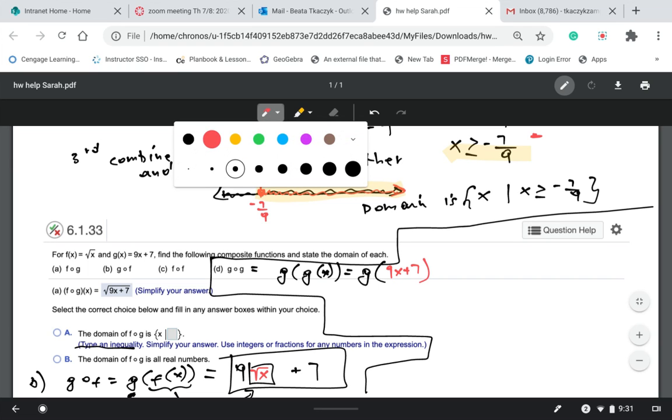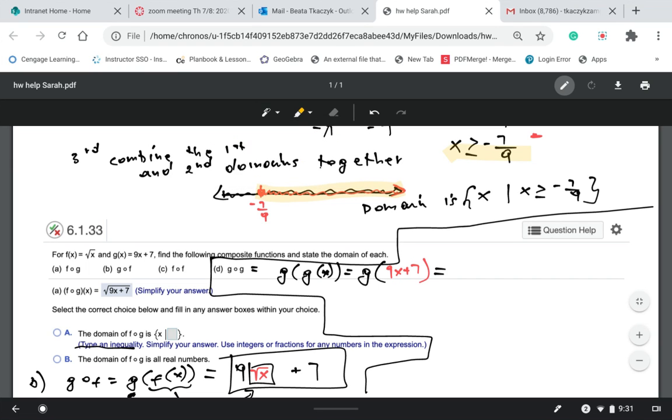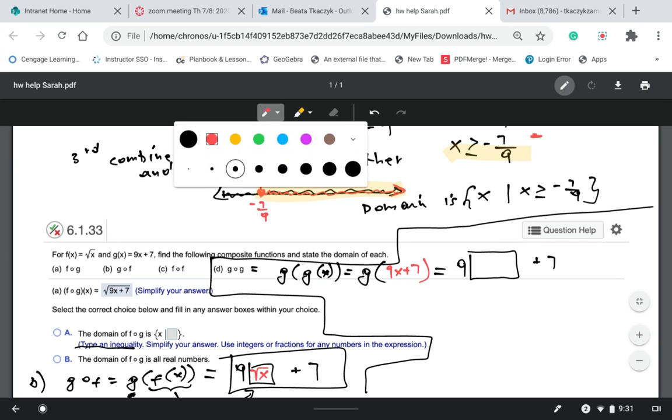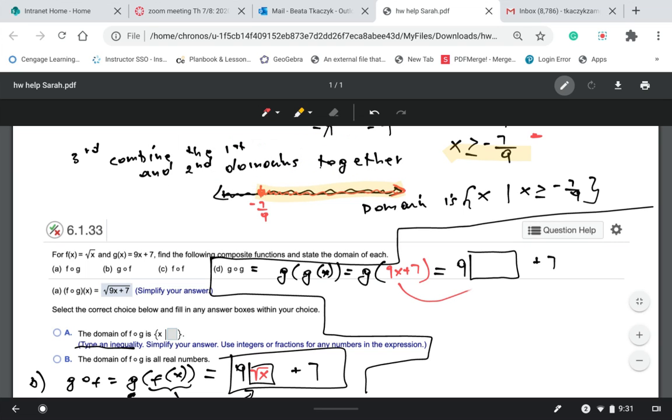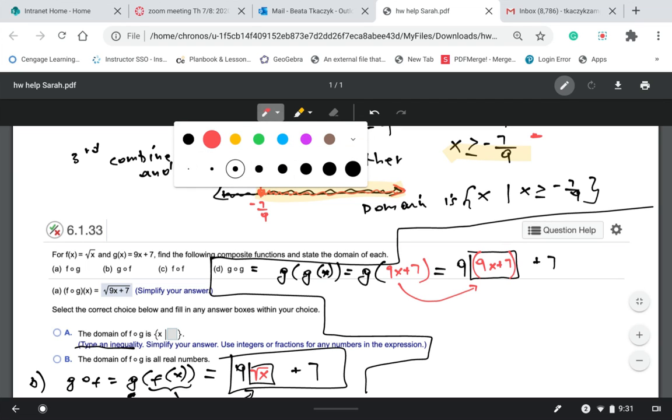Okay, so what I'm going to do, I'm going to start with the equation of function G, which is 9 times, originally it was x, plus 7, and where we used to have x, we plug in the equation of the inside function, which is 9x plus 7. Don't forget to put that in parentheses, because we will need to distribute that 9.